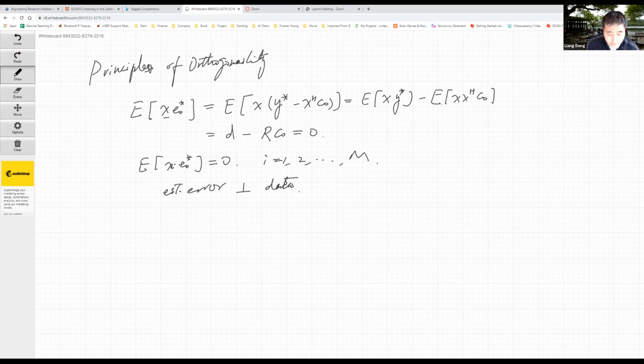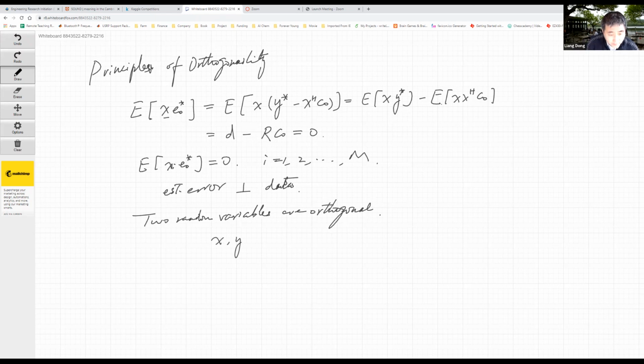Now let me roughly explain. If I have two random variables, they are orthogonal. We have x, y, those two random variables.